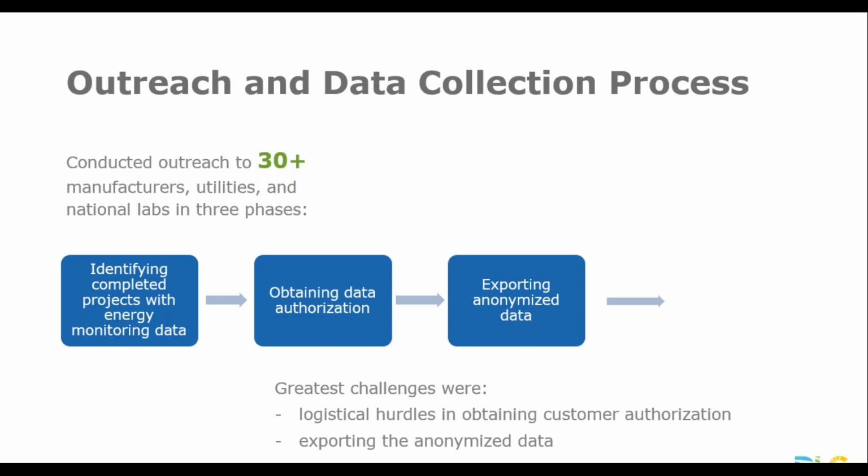authorization language. Once we had obtained the authorization to receive that anonymized energy reporting data, we worked with each contributor to securely transfer the data to us. We received project data from 6 contributors, and particularly manufacturers, as Levin mentioned, providing the data in this format was a major challenge because it was something that nobody had previously asked for in this level of granularity.